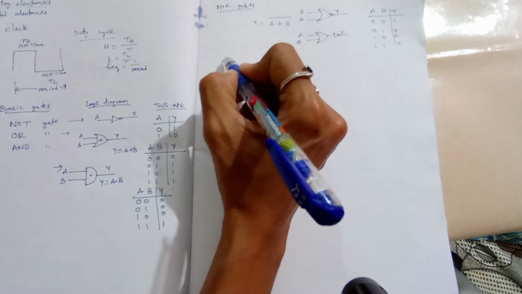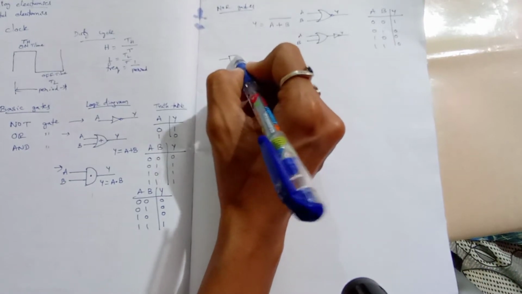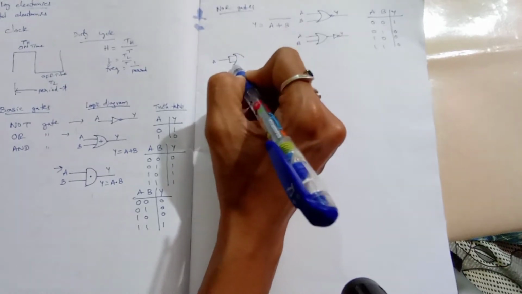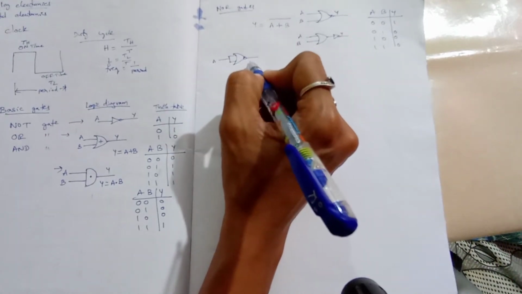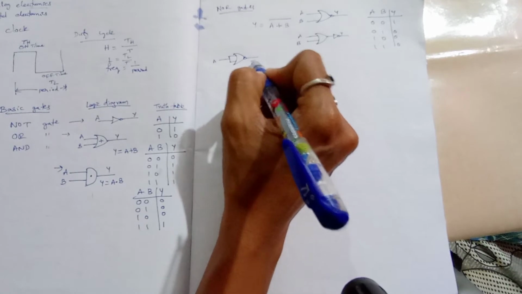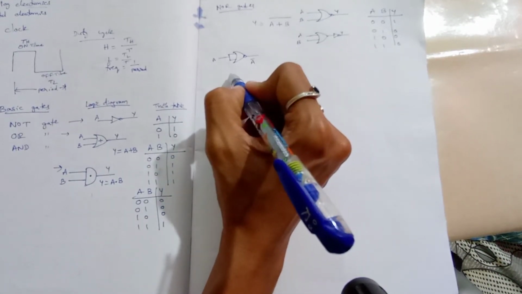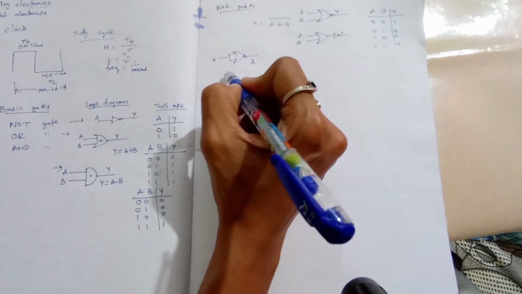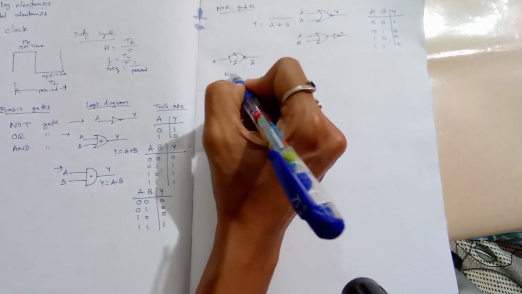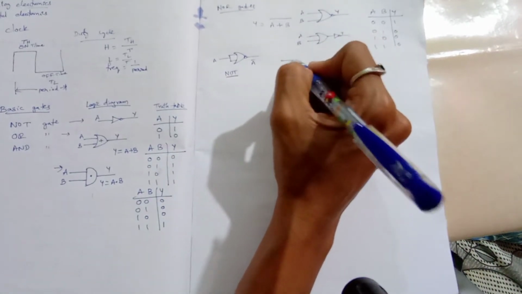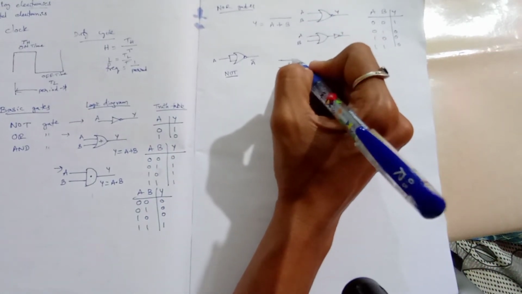See this, input A is given for NOR gate, that becomes A bar, inverted output. Okay, so this is working as NOT. Now we'll see OR.